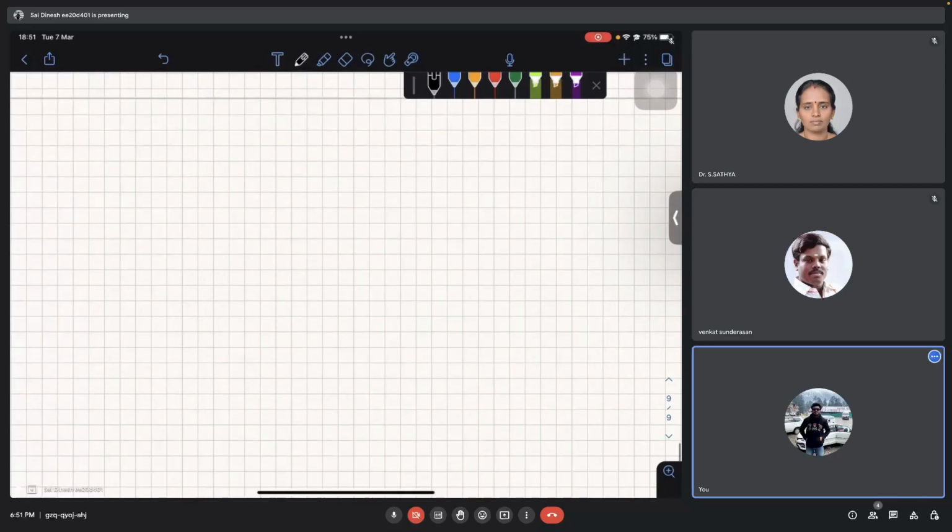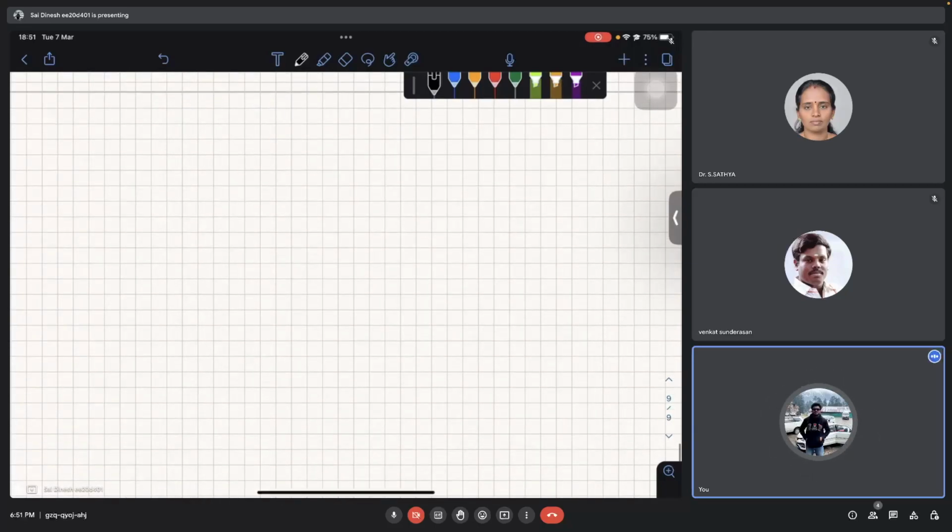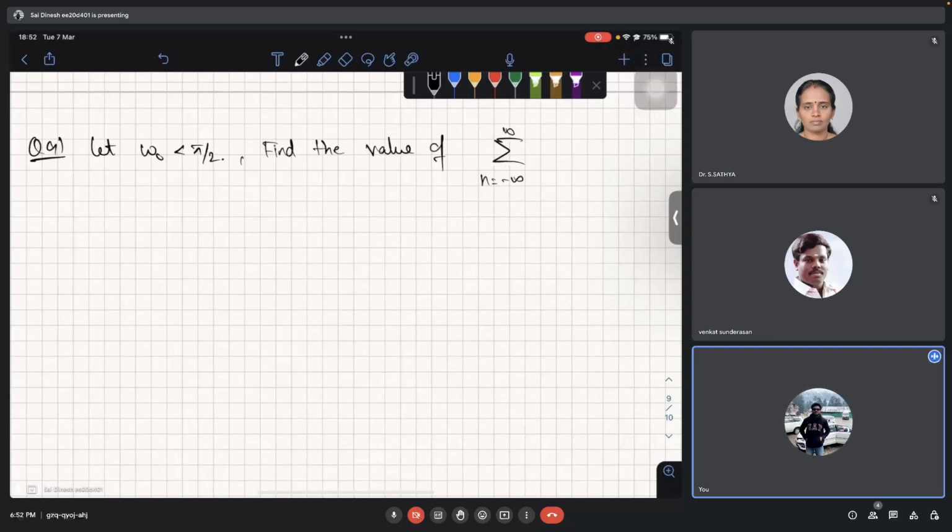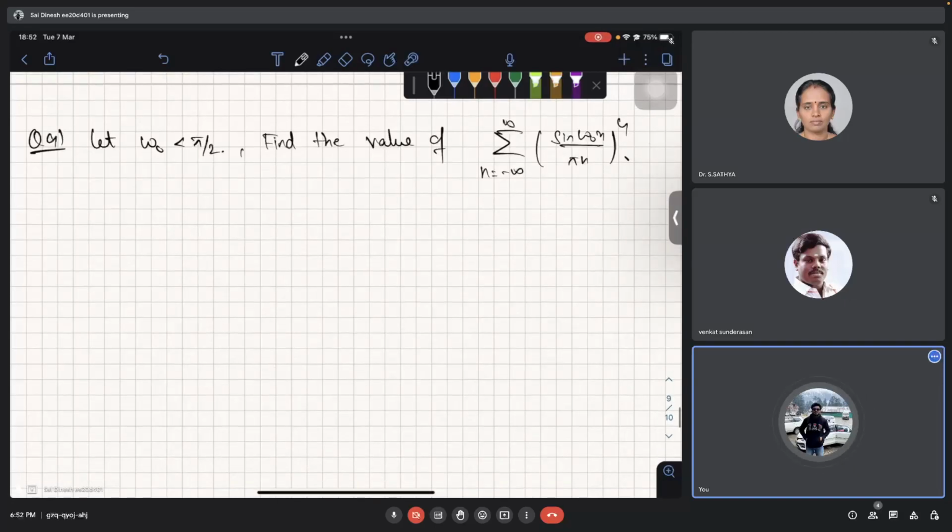So question 9. Let omega naught be less than pi by 2. Find the value of the sum from minus infinity to infinity of (sin omega naught n by pi n) whole power 4, right?